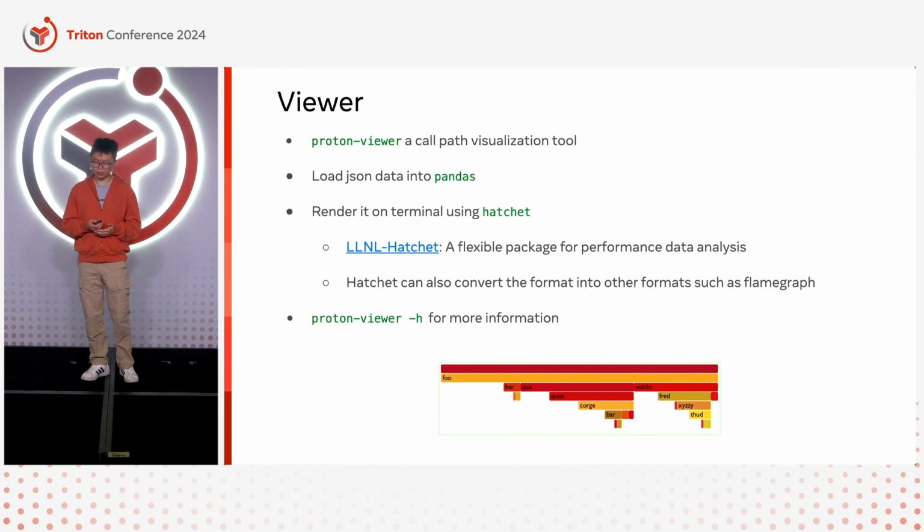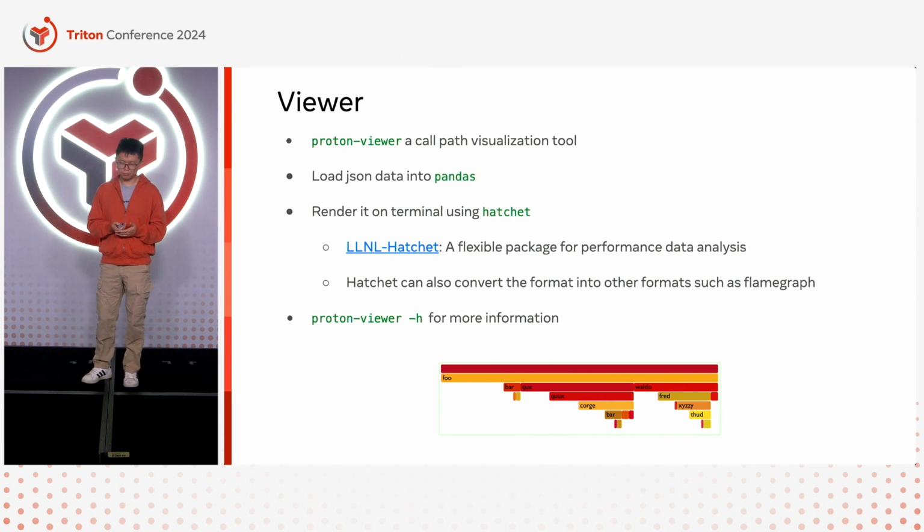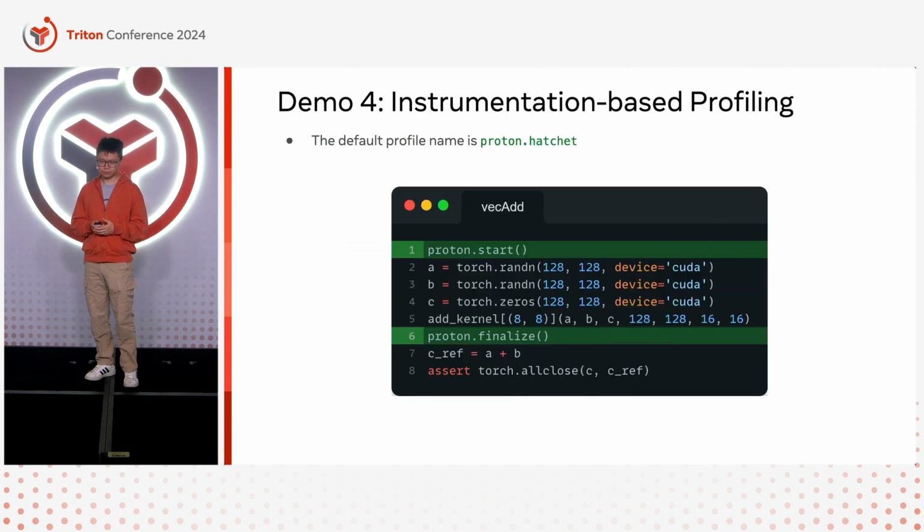They have been supporting us with debugging and new features in Hatchet to support Proton, and I want to give special thanks to them. Hatchet can also convert the format into other formats, such as flame graph. Here's a simple view of a flame graph. For more usage of Proton-Viewer, you can use the -h option for more information.